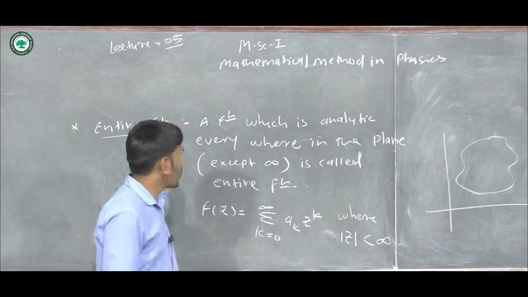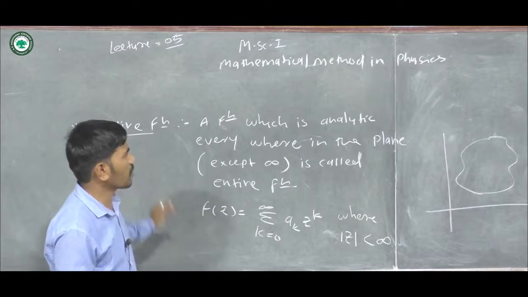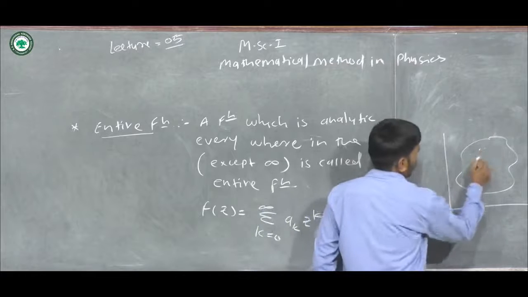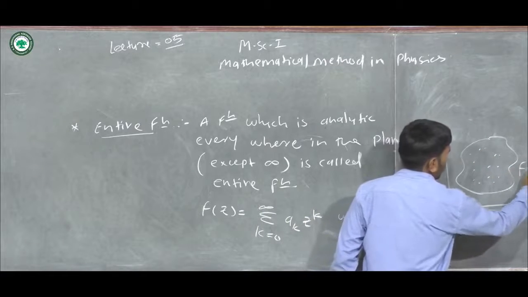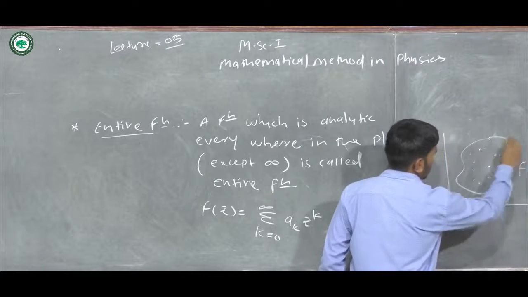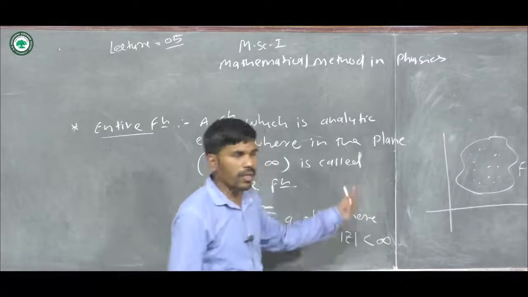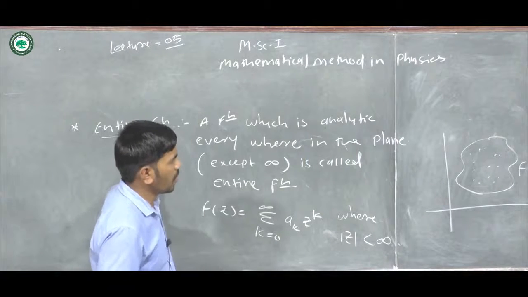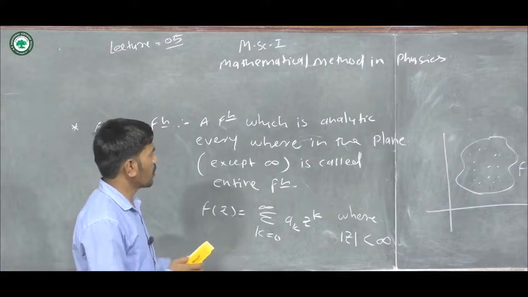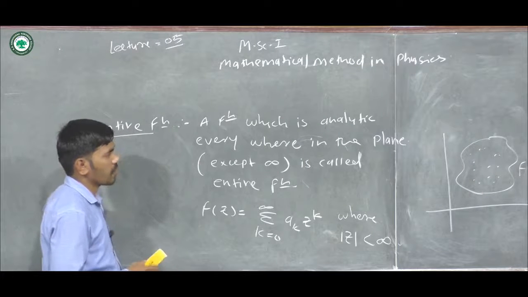So these functions we can call entire functions. This function f of z is analytic over the entire plane, and that's why it is called an entire function. So this is a small definition about entire functions.